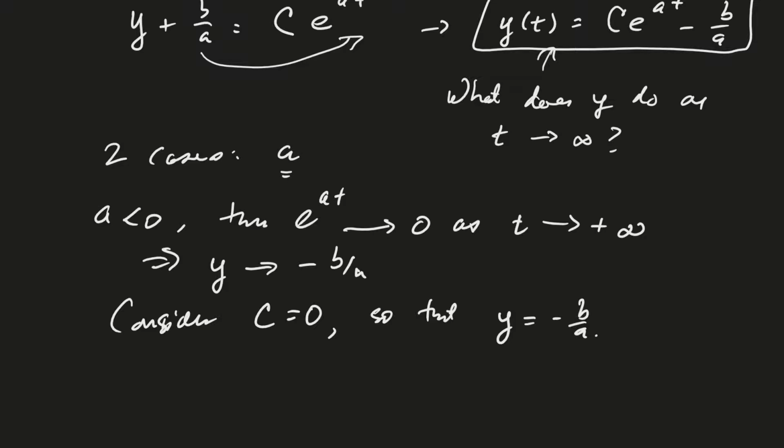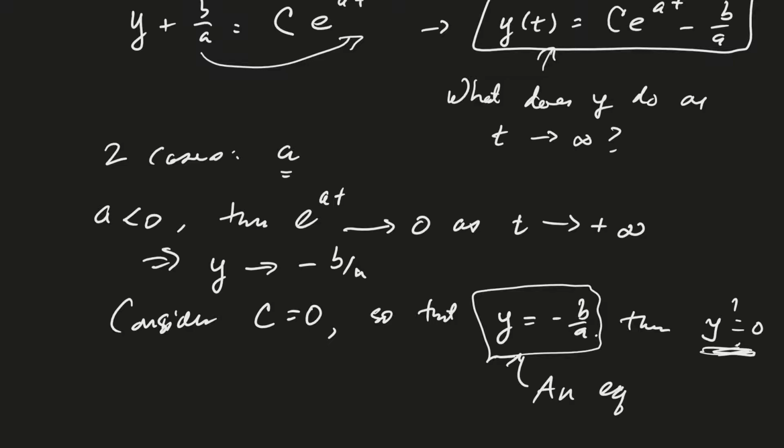Then what is y prime? y prime is equal to 0, and this is actually true for all time, because our derivative doesn't depend on time. And so this solution doesn't change in time. This is called an equilibrium solution.